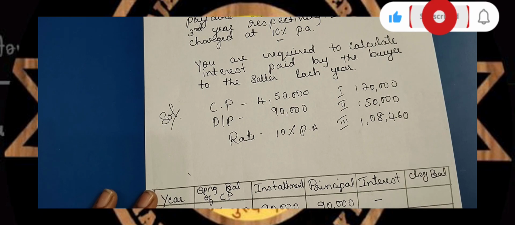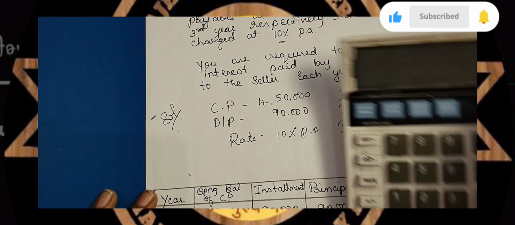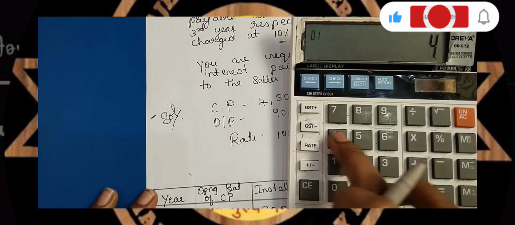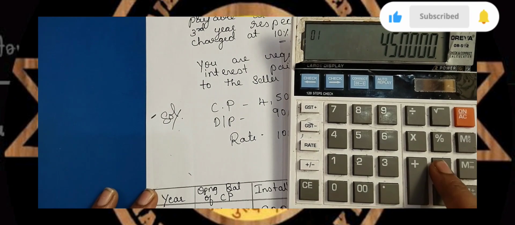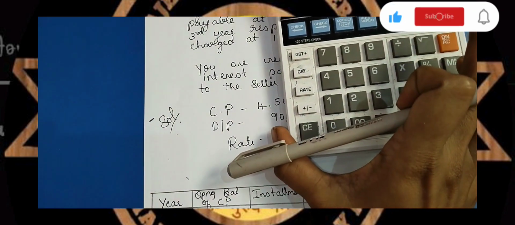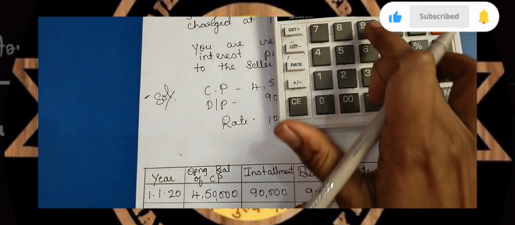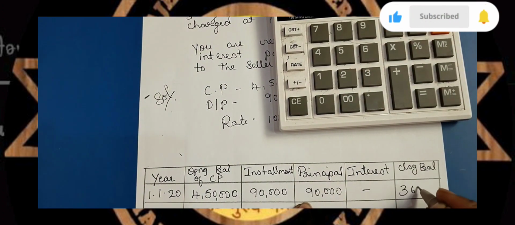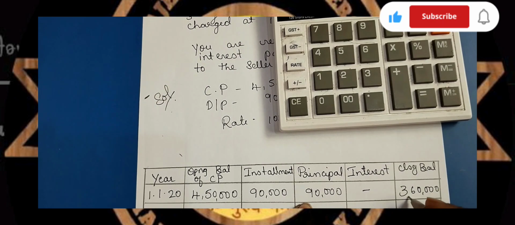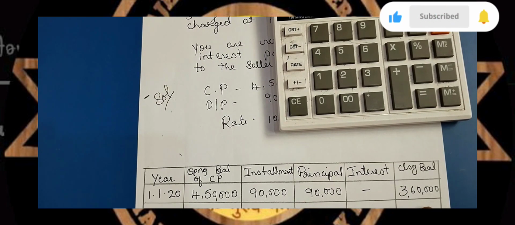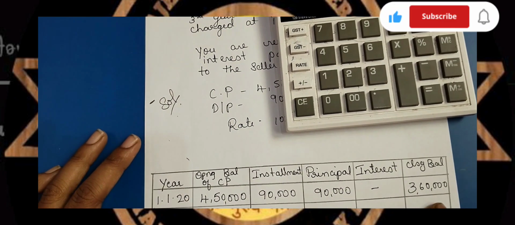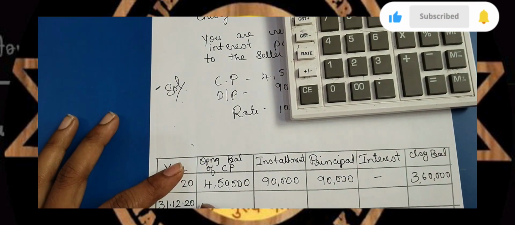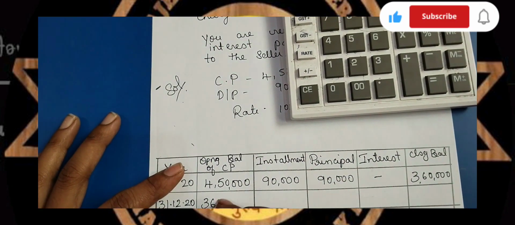So your closing balance is the opening balance 4,50,000 minus the principal amount 90,000, so the closing balance will be 3,60,000. The closing balance of the previous year will be the opening balance for the next year.